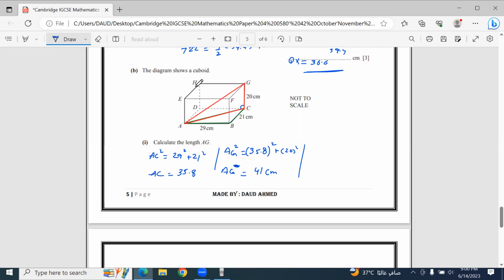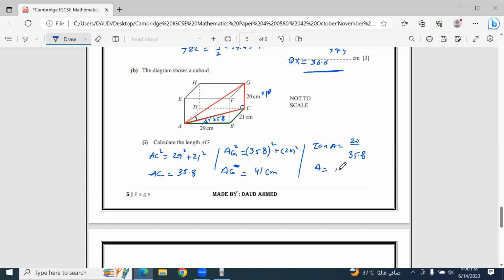So look, how to find the angle between AG, this one, and the base ABCD. Again, there is a right angle triangle, and we know this is 35.8, this is 20, and we even know AG, so we can use simple trigonometry ratios. So tan will help us. Tan of angle at A is equal to opposite over adjacent, which means 20 over 35.8.